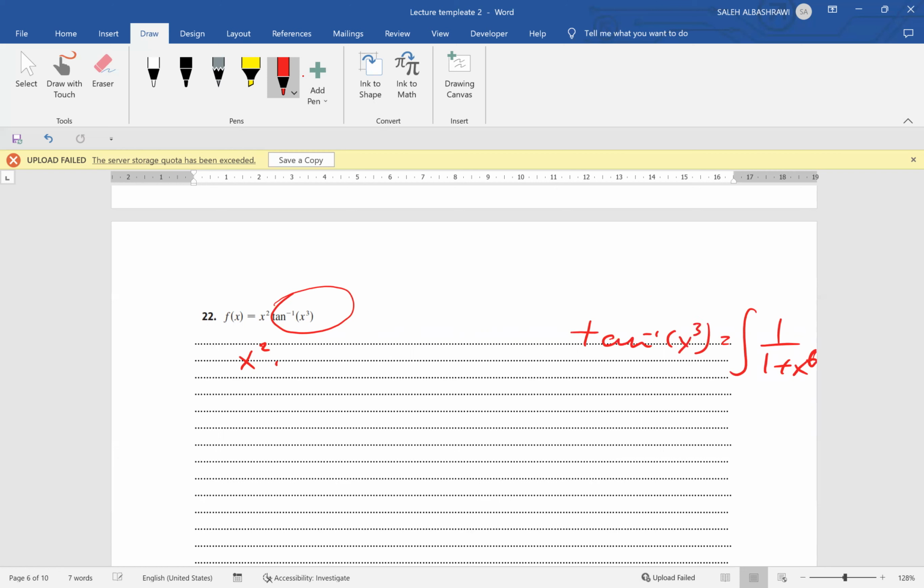So this one can be written as the multiplication of x to the power 2 times the integration of 1 over 1 plus x to the power 6 dx.